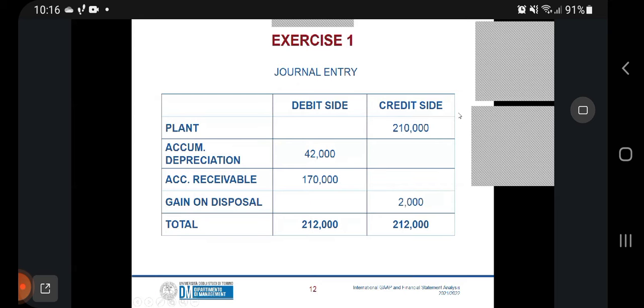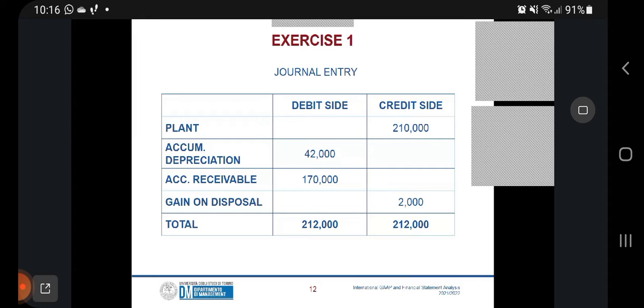Probably a little bit difficult, this journal entry. First of all, since the company sold this plant, you have to reduce the historical cost of 210 of the plant, credit side. Moreover, the accumulated depreciation is strictly correlated to the plant, and that's the reason why you have to reduce the accumulated depreciation for the amount of 42,000, debit side.